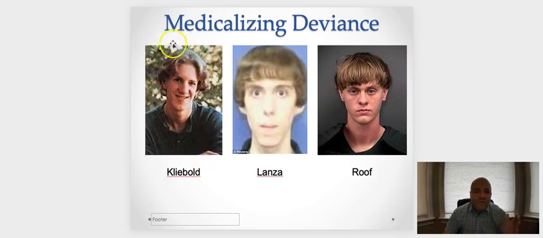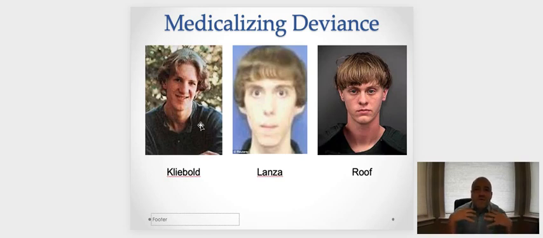Him, along with his friend, went into Columbine High School with firearms and pipe bombs, and they slaughtered tons of people in the high school. In the immediate aftermath of this, right away, as they were still investigating what was happening and people were still in the hospital and cops were still on the scene, the narrative about this guy and his partner from the police and from the media, from other people, was that these guys were depressed.